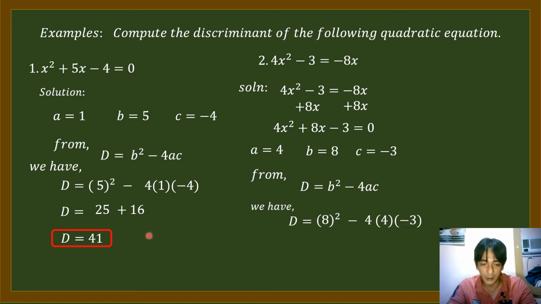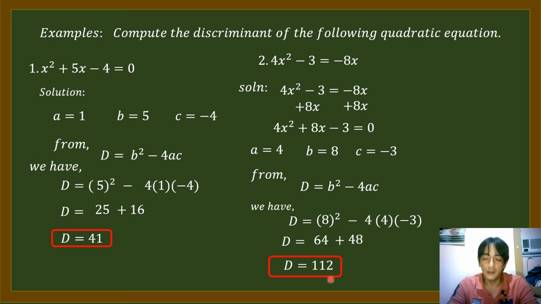Okay, so gaya ng ginawa natin kanina sa example number 1, squared mo muna tong b, then simplify mo tong nasa right side. Okay, so 8 squared is 64. Negative times a negative will give us a positive. So, 4 times 4 times 3 will be 48. So, ang sagot nito, discriminant is equal to 112.